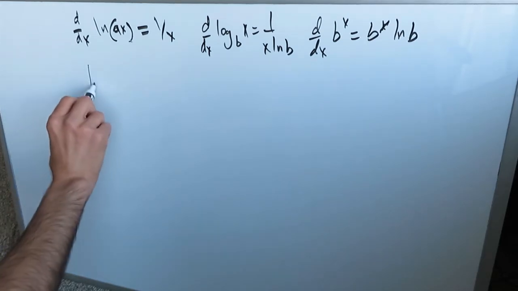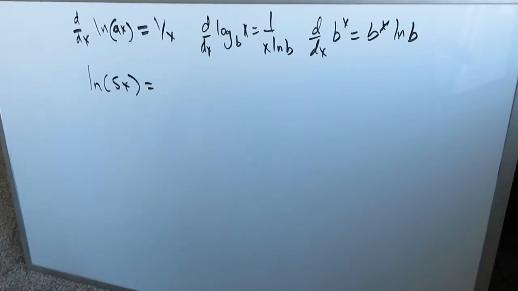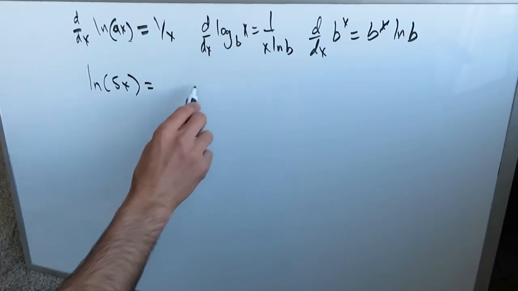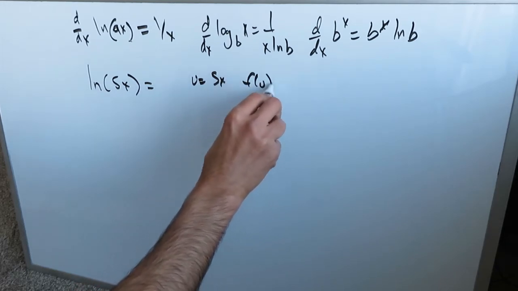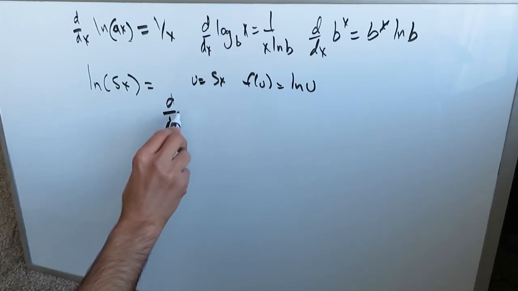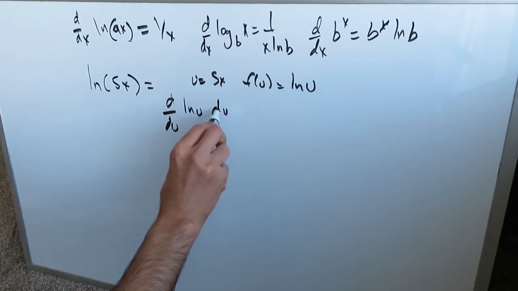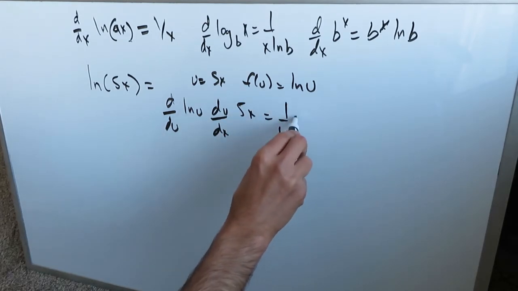If you look at this question over here, natural log of 5x, by very definition it should just come out to 1 over x, but let's just use the chain rule. If u was equal to 5x, then we know f of u would be equal to ln u, and then we do the chain rule, derivative with respect to u of ln u, and then derivative with respect to x of 5x, you'll get 1 over u times 5.